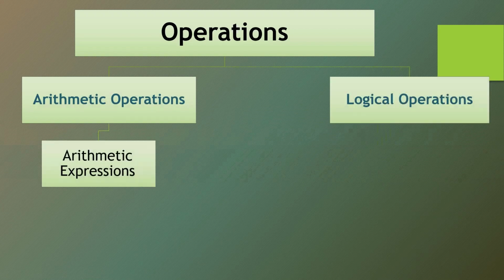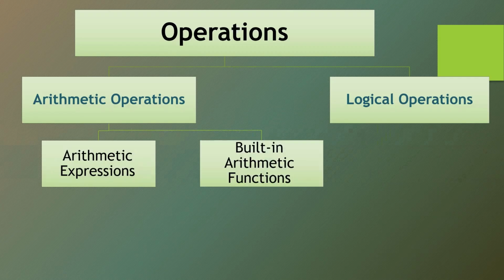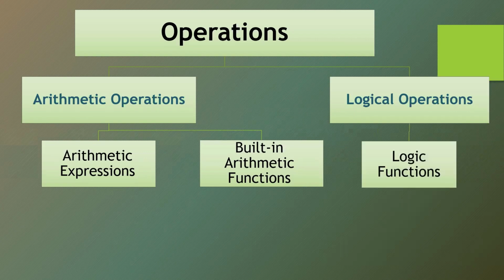The arithmetic operations are arithmetic expressions for calculation or built-in arithmetic functions, while the logical operations are logic functions. And the logic functions are those functions that work on comparison. They use the comparison to compare something with another thing and then to retrieve a result.